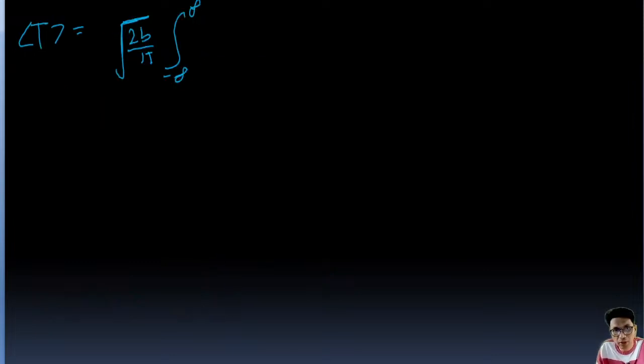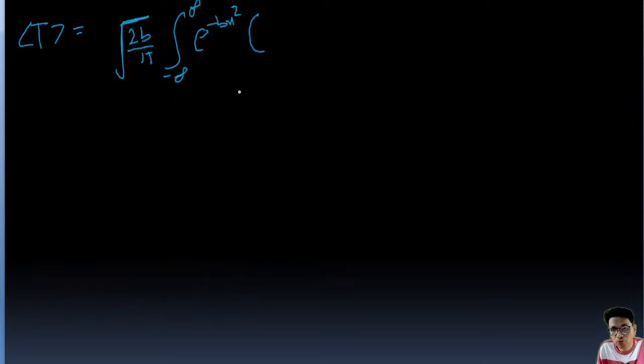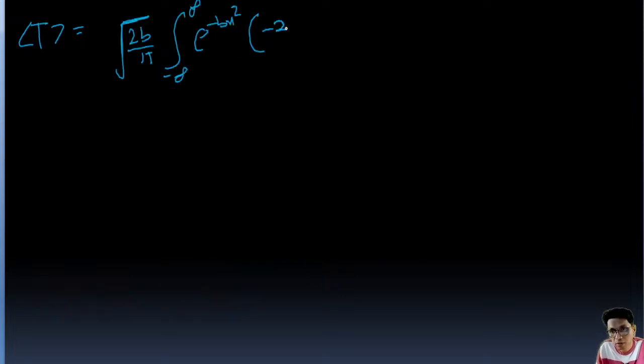Again we'll differentiate it. So it's e to the power minus bx square, this again we are going to differentiate. So there are two functions now, minus 2bx, minus 2bx, first function, differentiation of second.